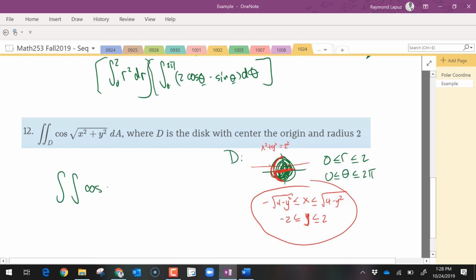Square root of r squared, so that's just cosine of r. And then the dA becomes r dr, dr goes from 0 to 2, d theta goes from 0 to 2 pi. That's it.